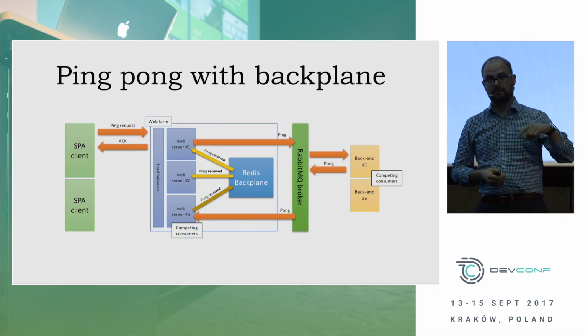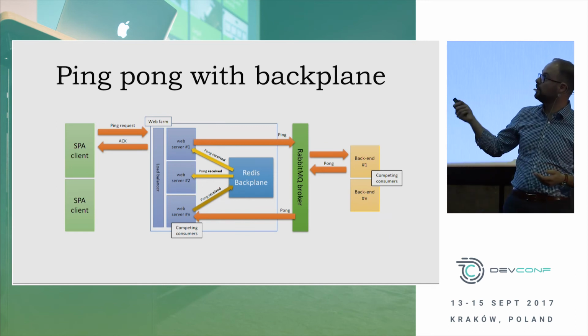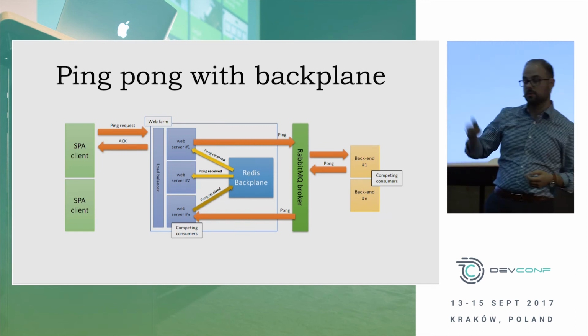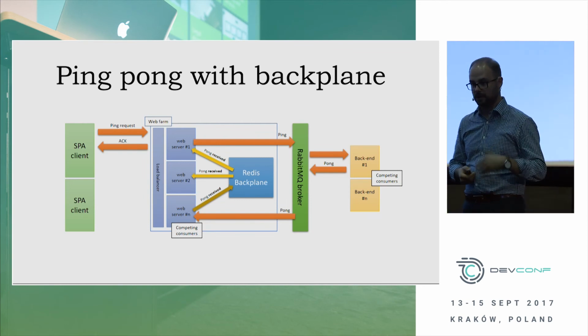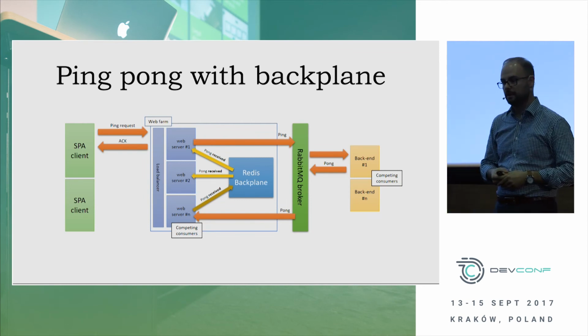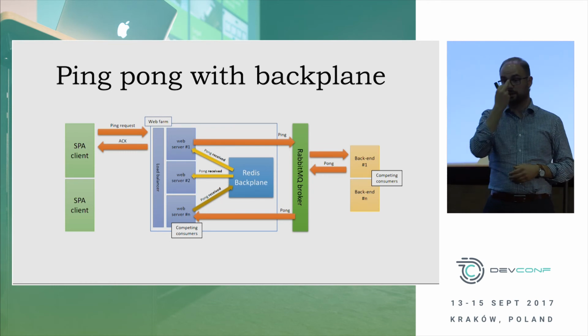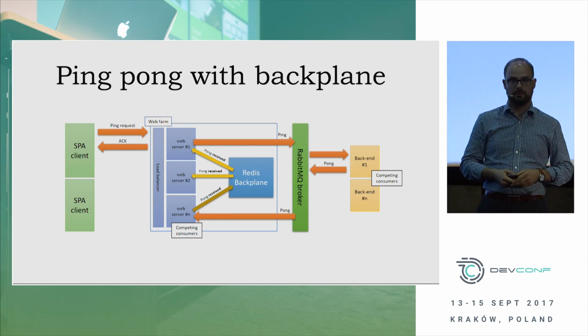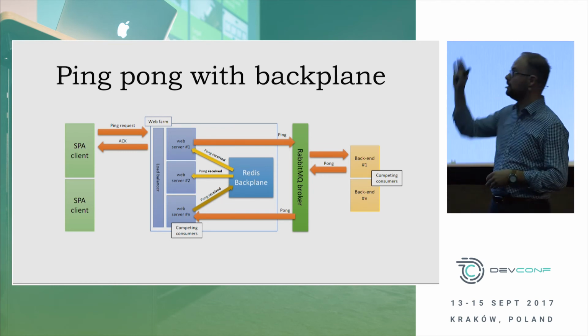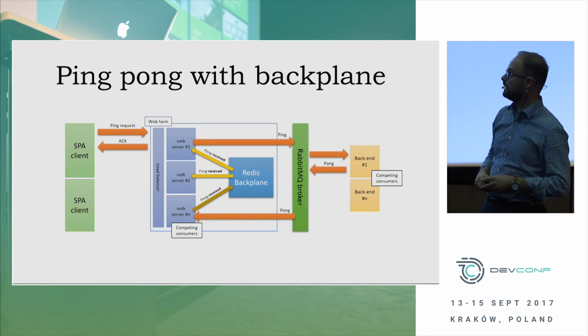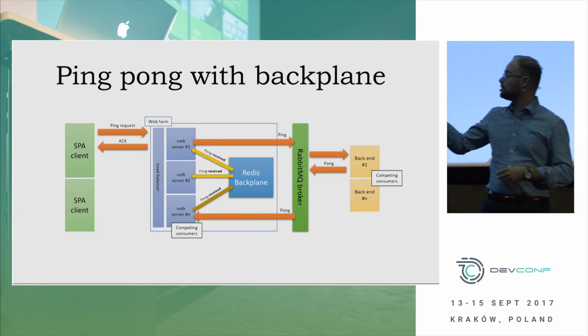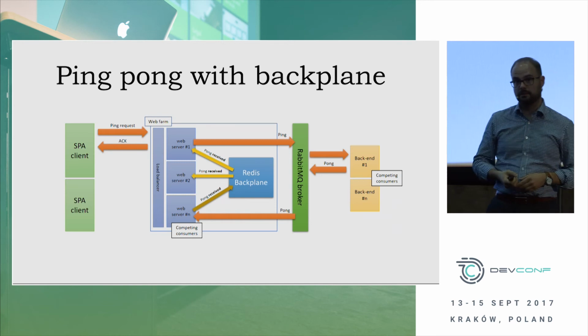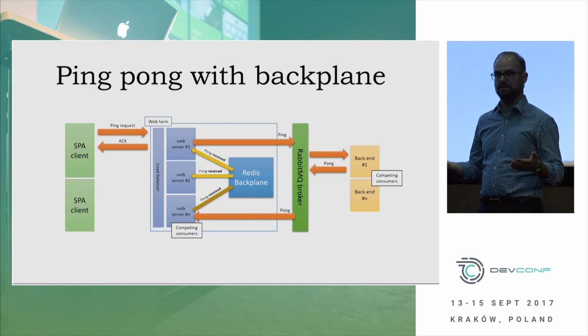And if you're thinking, how is it possible? How does it know which one of those web servers actually has this particular connection? It's through a correlation identifier. Remember that each of those messages has a correlation identifier. So web server number 2 and number 3 will receive the message.